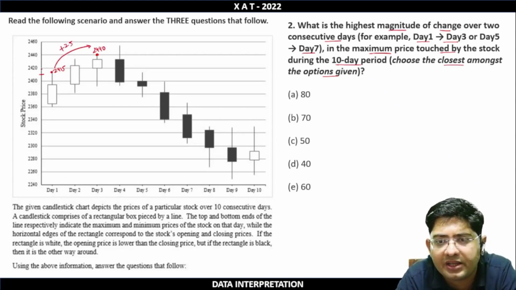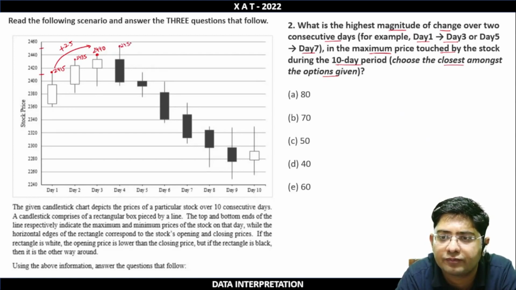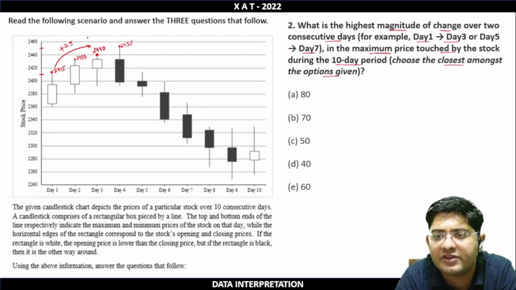Now if I look at day 2, day 2 is 2420, 2435. 2435 to day 4, so day 4 is 2440, 2450, so that is 2455. So 2435 to 2455, that is an increase of 20.